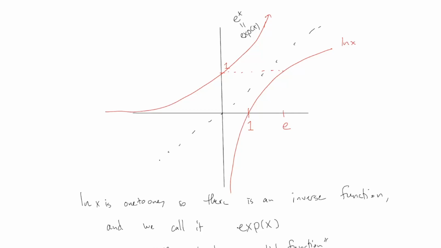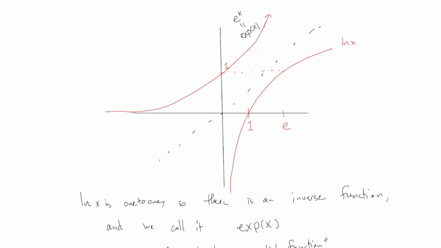The natural log is defined to be the area under the curve of 1 over t, and the inverse of that turns out to equal the exponential function e to the power x. I think this is probably something that all of you knew already. What's different about our approach in this class is to define it the other way around. We define the natural log first and then derive properties about the exponential function based on that.